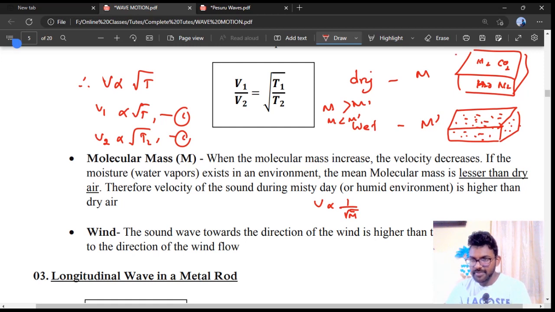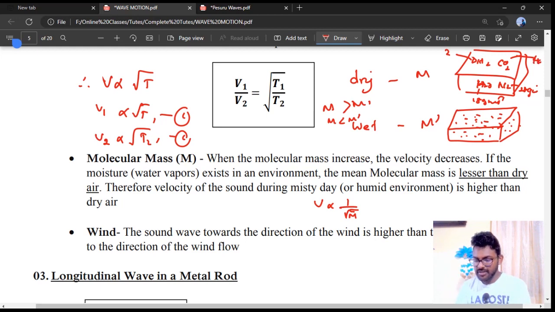If you consider these molecular weights, hydrogen is 2, water is 18 grams per mole, and nitrogen is 14 and 14, that is around 28 grams per mole. Then carbon dioxide: carbon is 12 and oxygen is 16 into 2, that is 32, altogether 44 grams per mole.